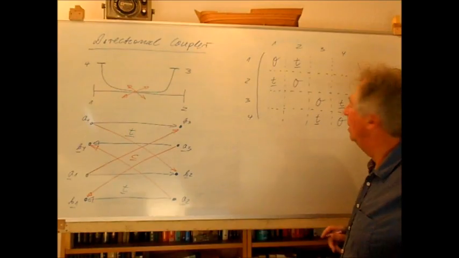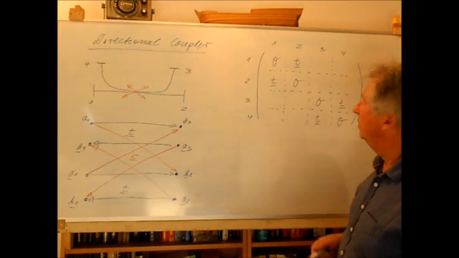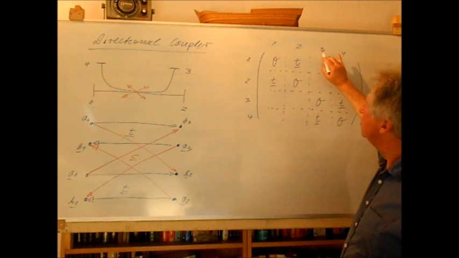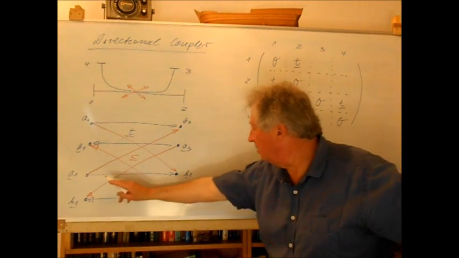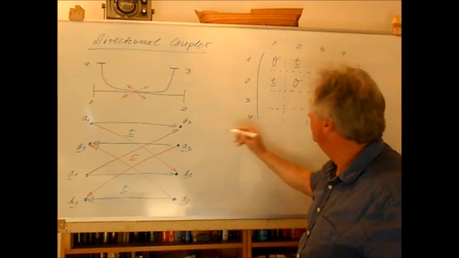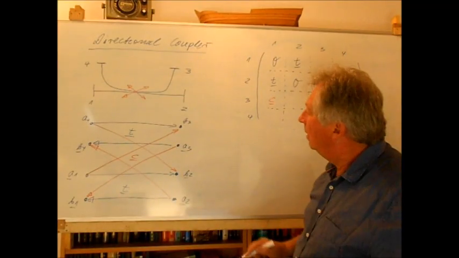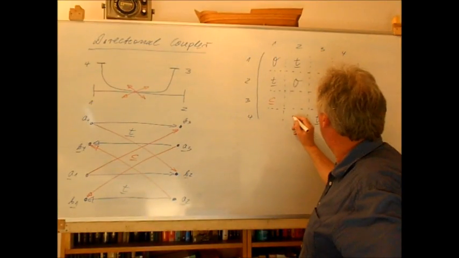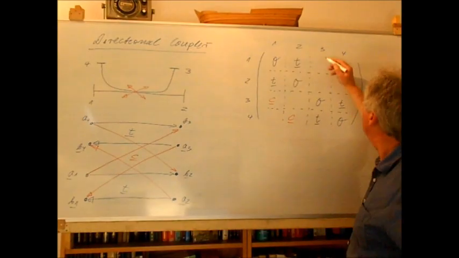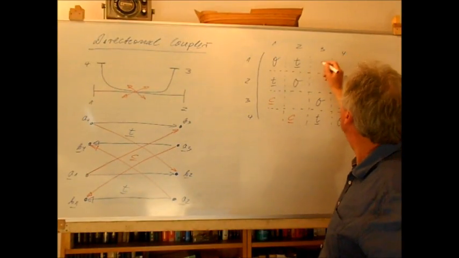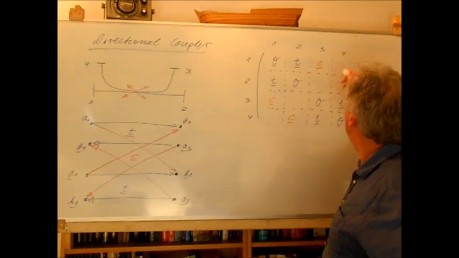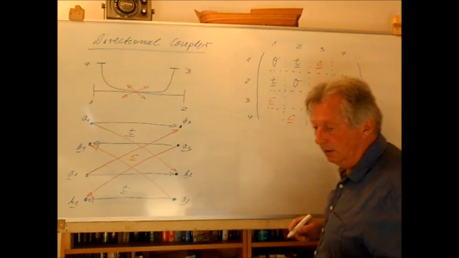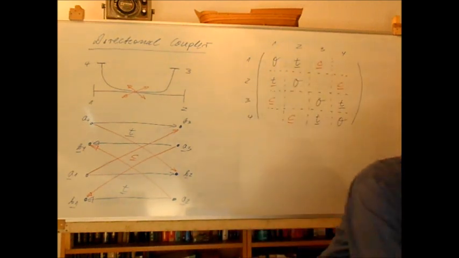Also here we will have a T, and the coupling will occur between port 1 and port 3 with a coupling C, and between port 2 and port 4, and between port 3 and port 1, and between port 4 and port 2, where there are always the same coupling coefficients.